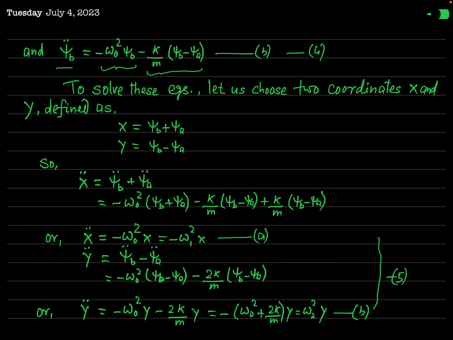So actually our aim is to solve these two equations of motion, but not directly. Actually direct solution of these two equations will not be very easy, not very convenient.